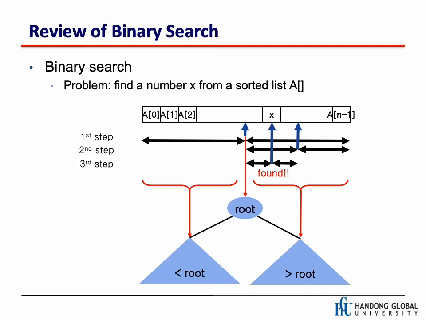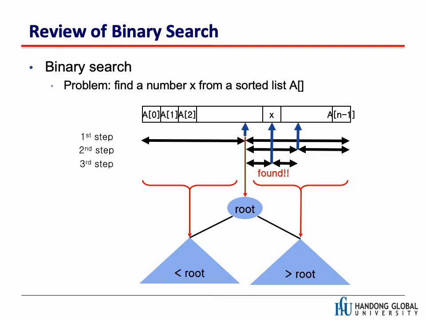Depending on the value, we can go to the left subtree or right subtree. Let's say the root node is larger than our target number, then we go to the left subtree. In the left subtree, we do the same thing recursively. We check the root node of this left subtree, and depending on the value, we can go to the left or right subtree.